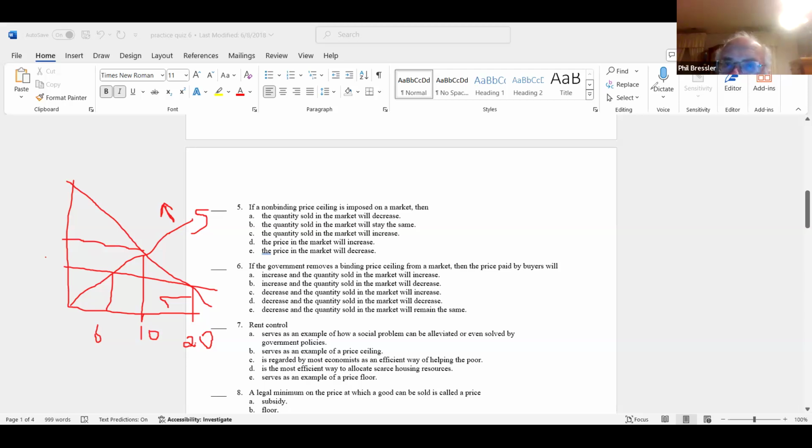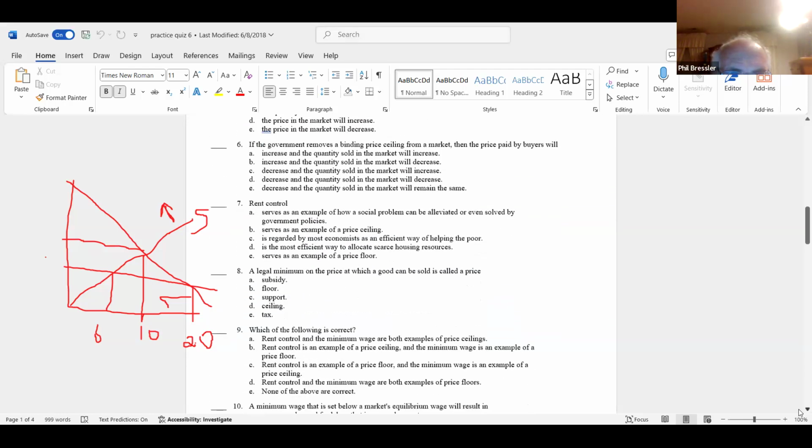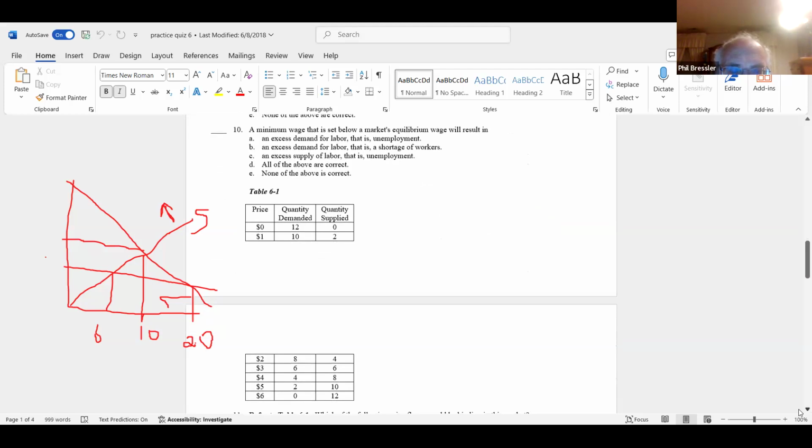There's definitely that one with the chart. All right, this is a chart on 2 pages. Just remember the equilibrium is 3. I know that because quantity supplied equals quantity demanded. To be a price floor, the equilibrium has to be greater than 3, and to be a ceiling, it has to be below.